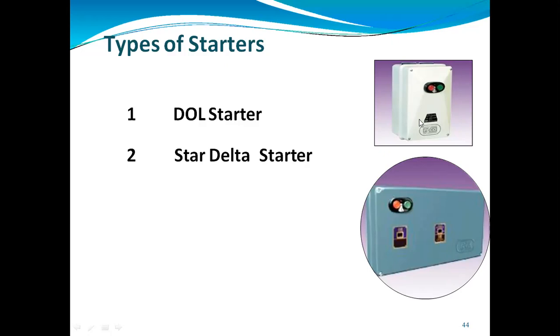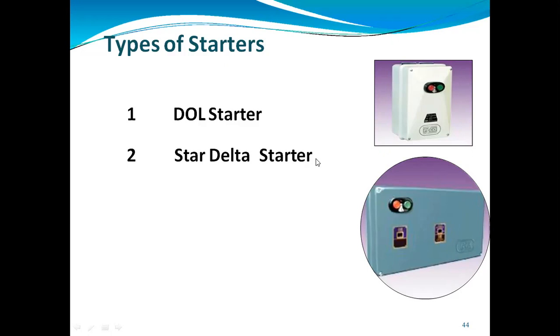So we need a starter. The starter is used to reduce the current drawn at starting, which would exceed the rated current. So we use different types of starter in a squirrel cage induction motor.